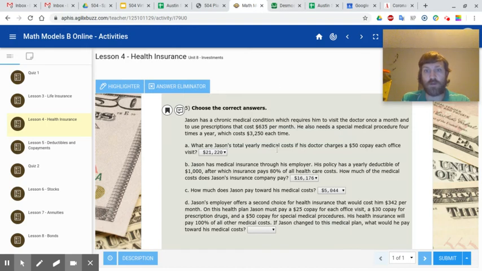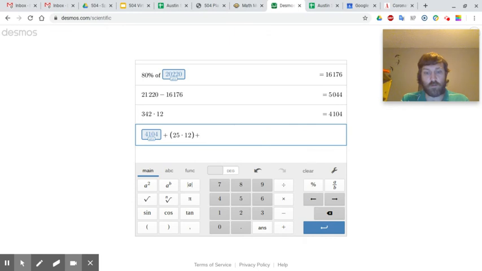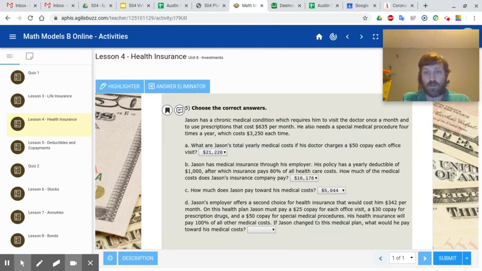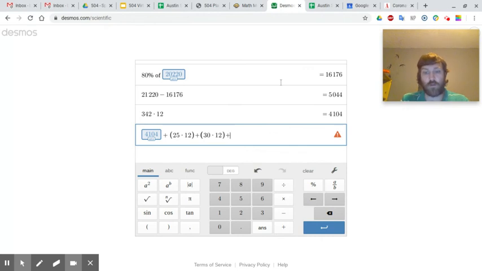And then I think we're going to do the same thing with our prescription drugs. It's going to be $30, so we're going to add 30 times 12. And then it says medical procedures cost 50, and he has 4 of those, if you remember. So we're going to do 50 times 4.